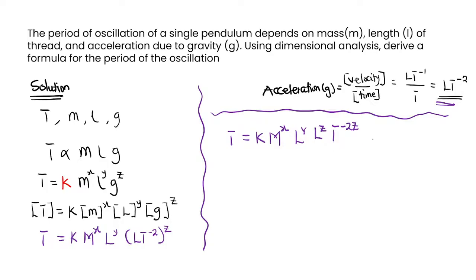Now from here, I can see that L power y and L power z are multiplying each other. Remember, everything here is multiplying each other. But in indices, when we have the same base with powers, all you do is add the powers. So over here, I have T, the dimension for period, equal to k M raised to the power x, L raised to the power y plus z, and then T raised to the power minus 2z.